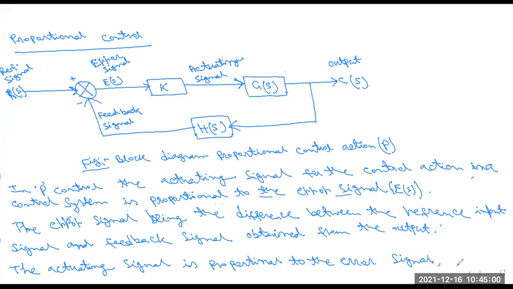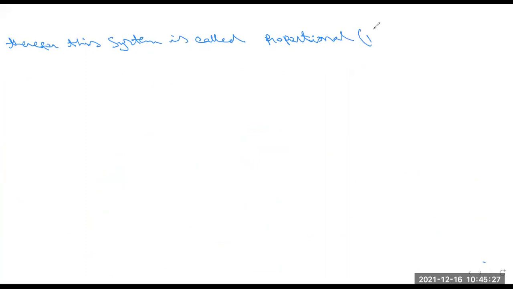Therefore this system is called a proportional control system, or P control.